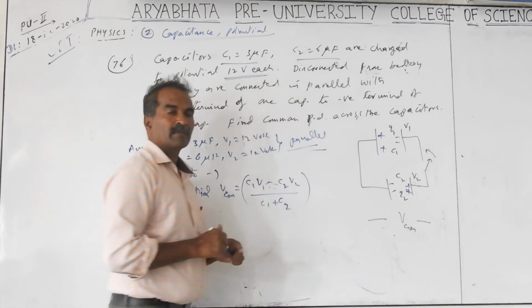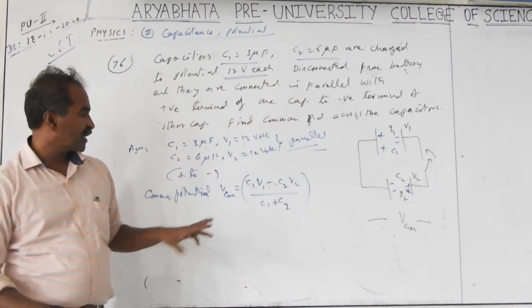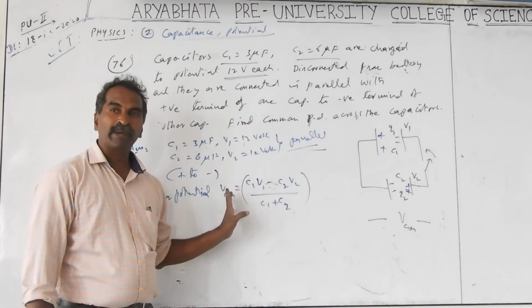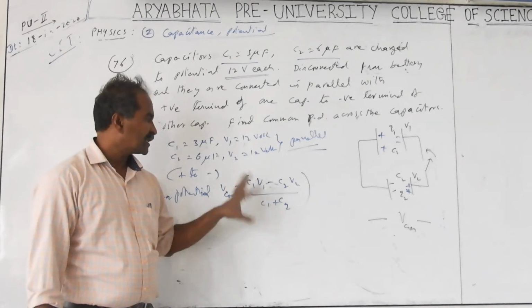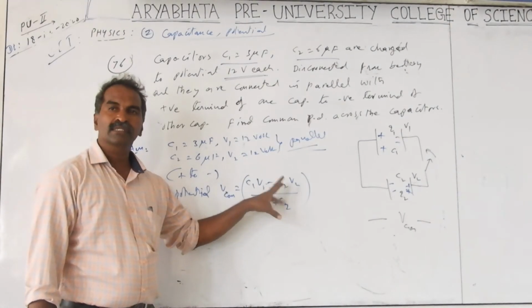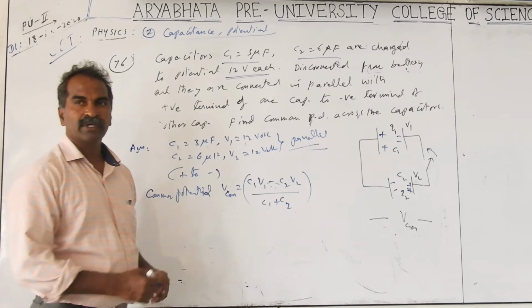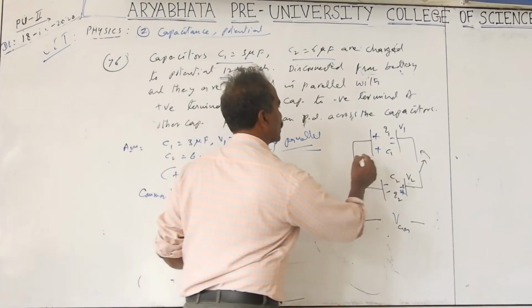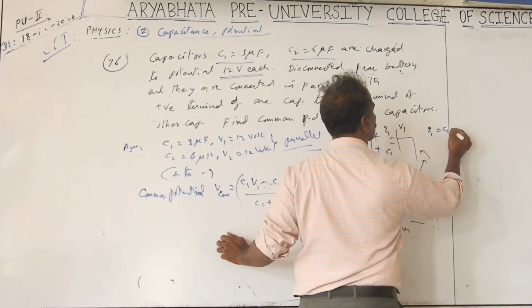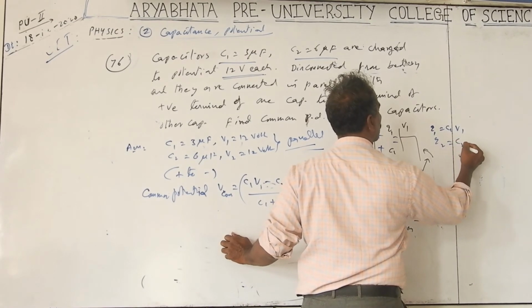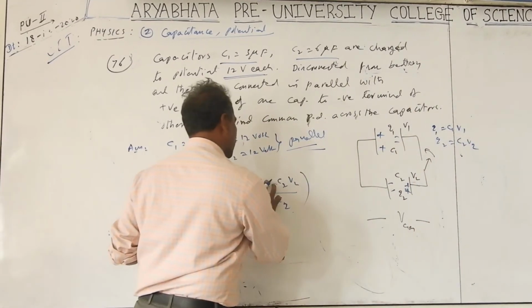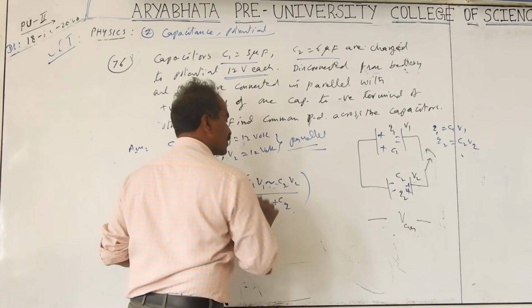But in case you get a negative result from this multiplication, don't bother, you only have to take the magnitude. Otherwise you take C2 V2 minus C1 V1, larger minus smaller. So Q1 is supposed to be C1 V1, Q2 is supposed to be C2 V2. So I am writing this symbol as a difference symbol.